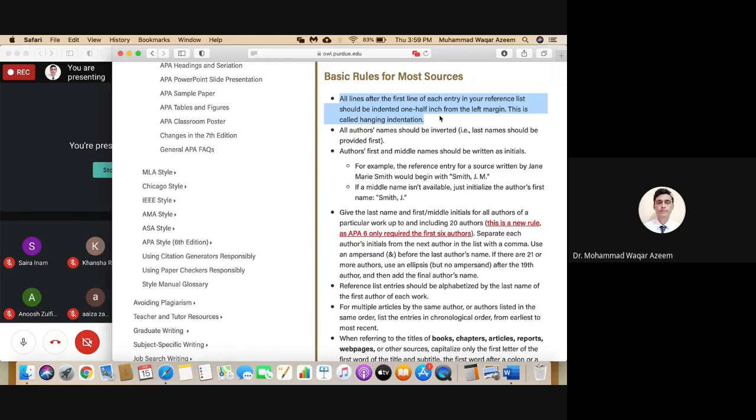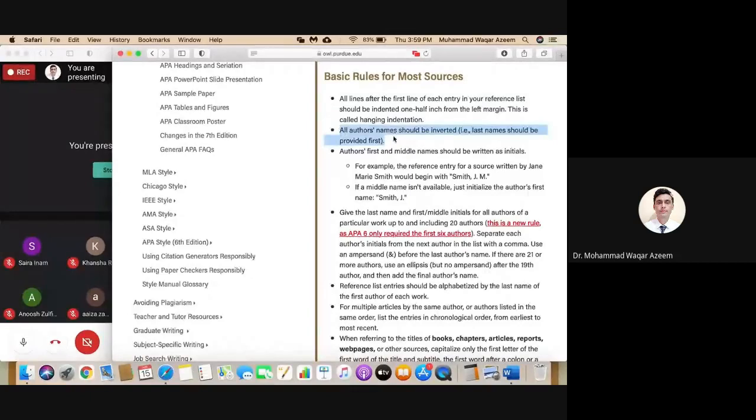This is called hanging indentation. This is one general rule which will apply to all the citations, 10 or a little more, that you give in your annotated bibliography. So the second line after the first line, all the lines after the first line in each entry, they are indented 1/2 inch, right, from the left margin, indented towards the right.